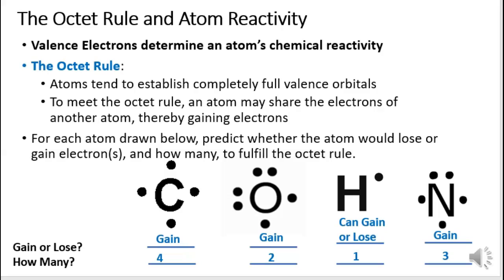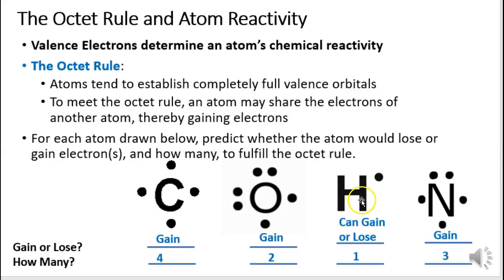Since carbon has 4 electrons, it could either gain 4 or lose 4. It does tend to gain, so it gains 4 electrons. Oxygen has 6 electrons in its valence shell. It could lose 6 or gain 2, but it would be a lot more energy efficient just by gaining 2.